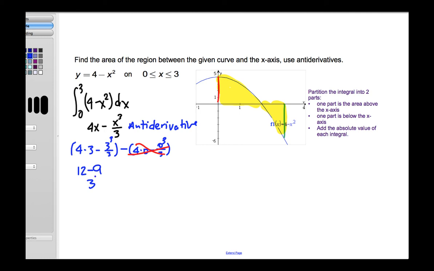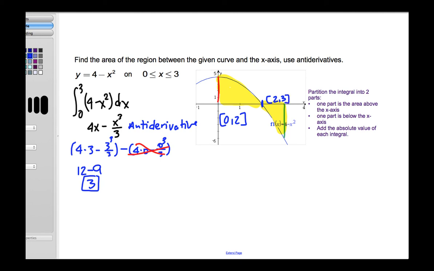The other thing that we can talk about with this graph is the actual area between the curves as a total, as an absolute value of area, in which case we would need to split our integral up and look at the area under the curve from 0 to 2, and then the area under the curve from 2 to 3.